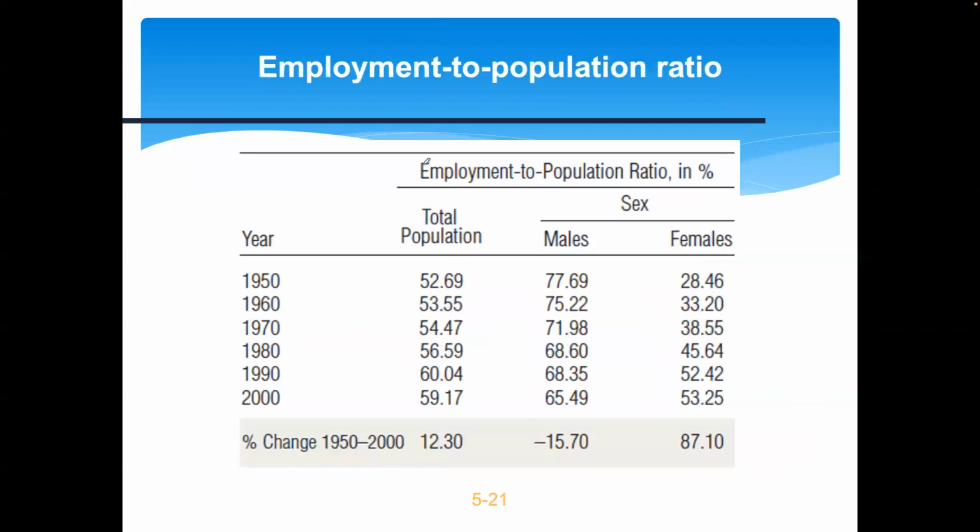However, if we look at the employment to population ratio, essentially this tells you the participation. Now we see the difference. Female almost doubled, male is dropping, and average is slightly increased.